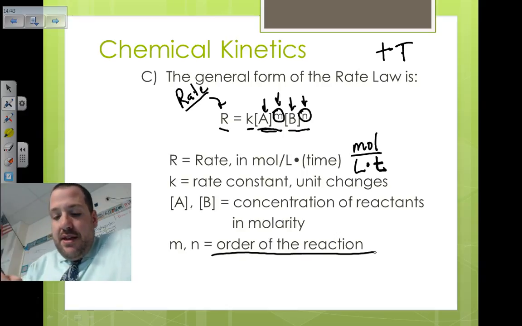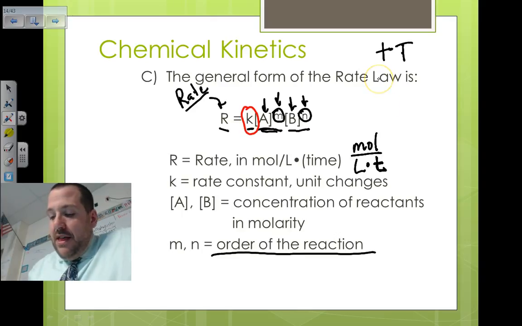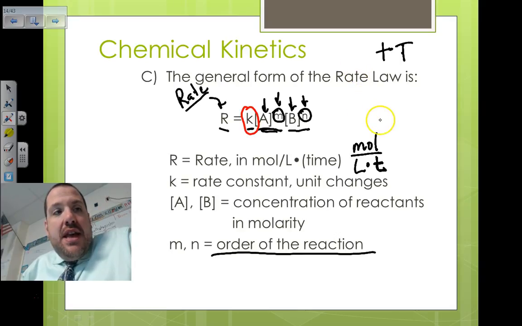Then there's this thing that's called k. Lowercase k is what we call the rate constant, and the rate constant is not going to change unless the temperature changes. But I do want to make a teaching note about k.